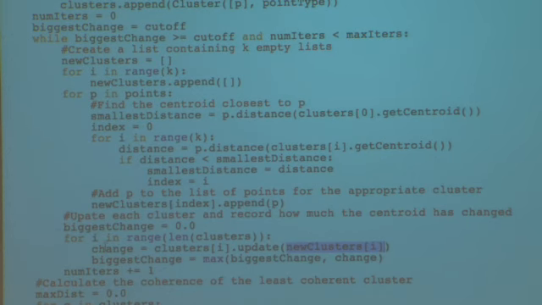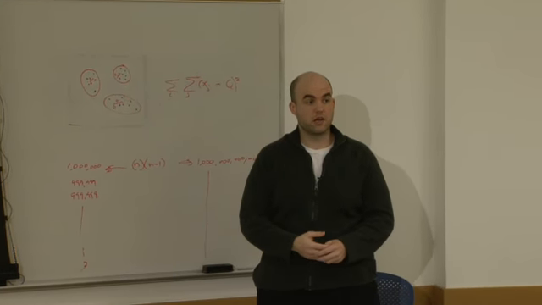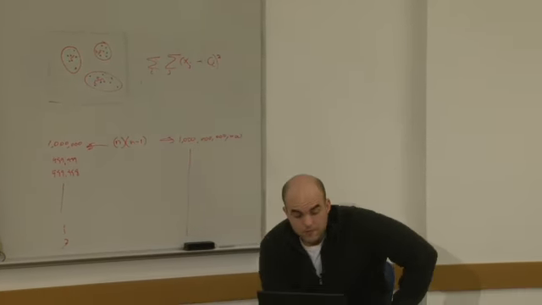So that's where this change variable is coming from. And then we're just going to look for the biggest change. If at some point in our clustering these centroids have stabilized and our clusters are relatively stationary, then our max change will be small, and we'll wind up terminating the algorithm.